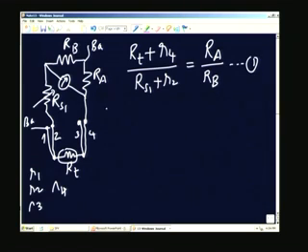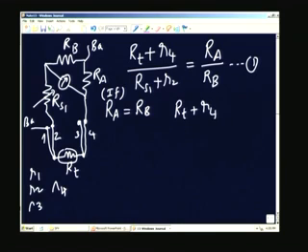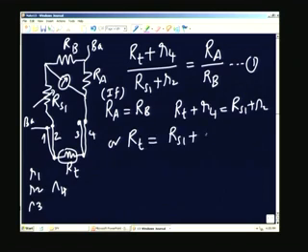If we choose Ra equal to Rb, which can always be done, I will have Rt plus R4 is equal to Rs1 plus R2, or Rt is equal to Rs1 plus R2 minus R4. We can call this equation number 2.